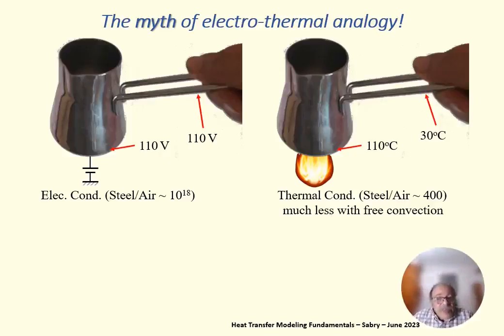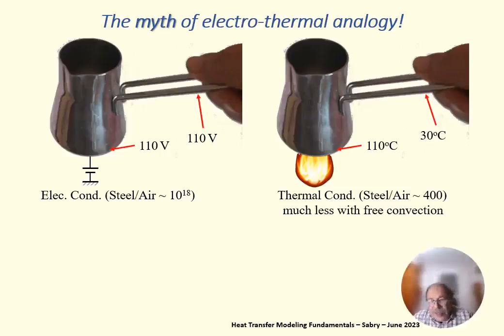Even if I assume still air, the ratio of conductivities is far less great than that of electrical conductivities, which means that an electrical conductor is a very, very good conductor. You will have the same potential everywhere. But the thermal conductor is not as good.